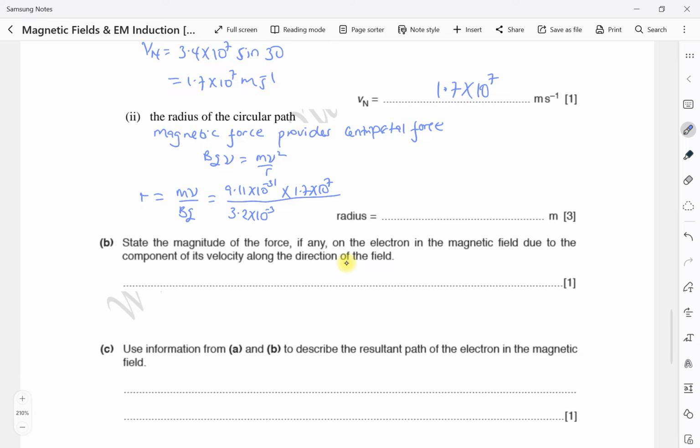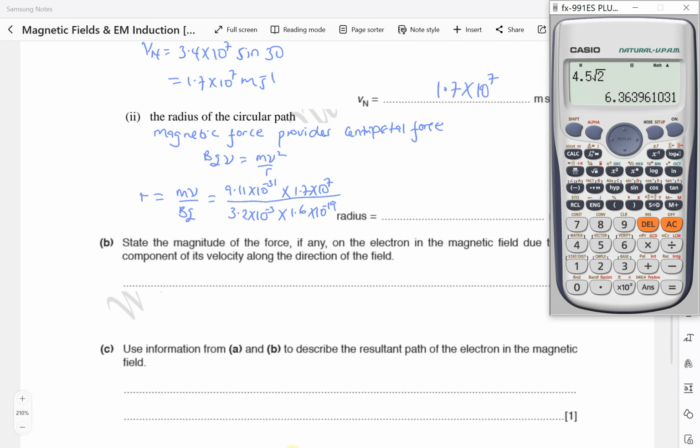Then times Q, which is 1.6 times 10 to the power of minus 19. So 9.11 exponent minus 31, times 1.7 exponent 7, divide by 3.2 exponent minus 3, divide by 1.6 exponent minus 19. So that is 0.030.